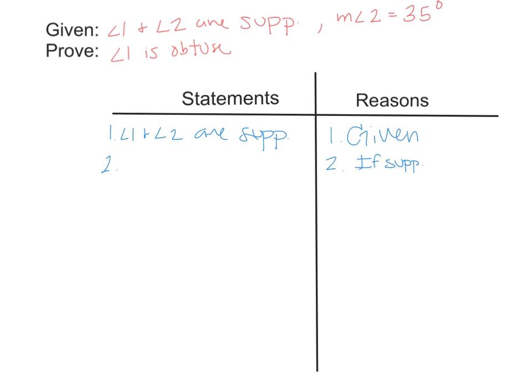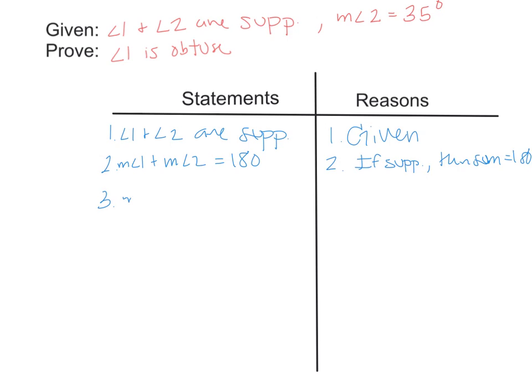If supplementary, then sum equals 180. So that means that measure of angle 1 plus the measure of angle 2 equals 180. Sum means add, so I'm adding 2 things, 1 and 2, and it equals 180.